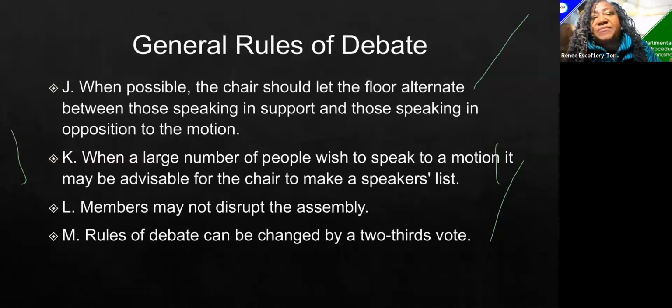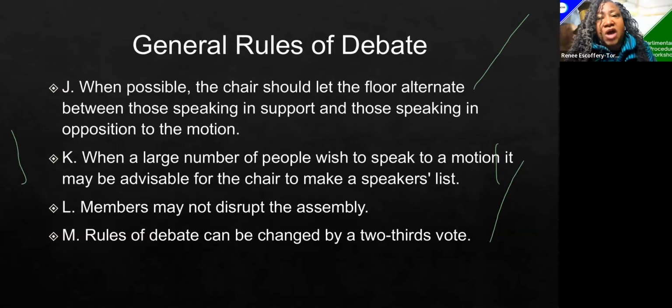All right, when possible, and sometimes you kind of know, sometimes you don't know. I know you've been in meetings where you have heard 17 people say, "I think it's good too. And I think it's good too. And this is the reason why I think it's good." No, you should alternate between those speaking in support of something and those speaking in opposition to something.